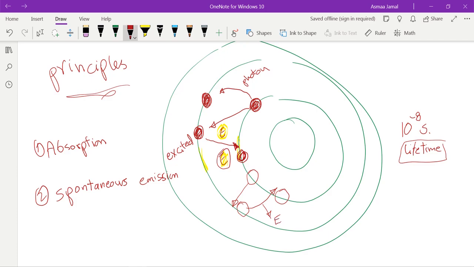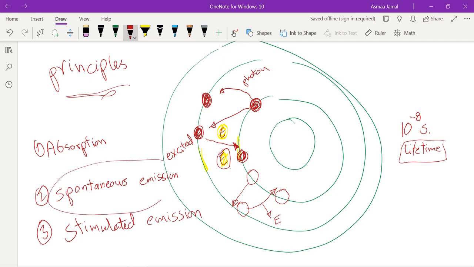This process of emitting energy in laser occurs by stimulation. So the third one is the stimulated emission. In spontaneous emission, the electron will return to the ground state when the lifetime ends.